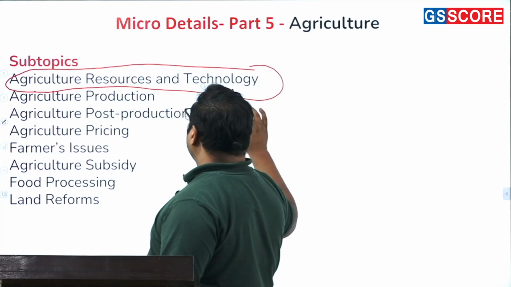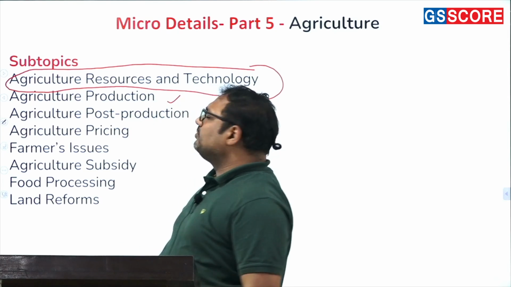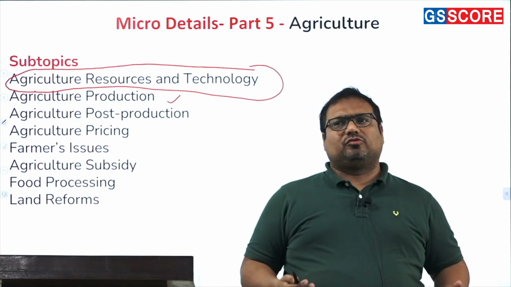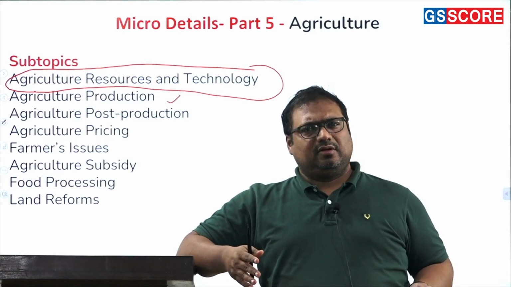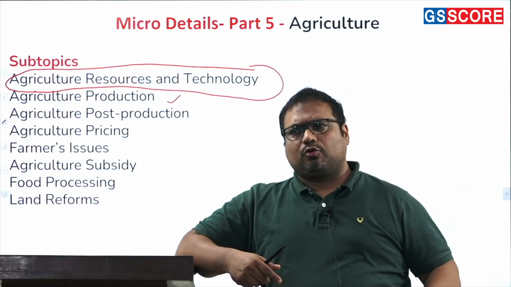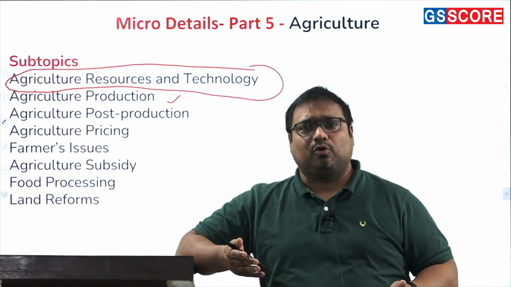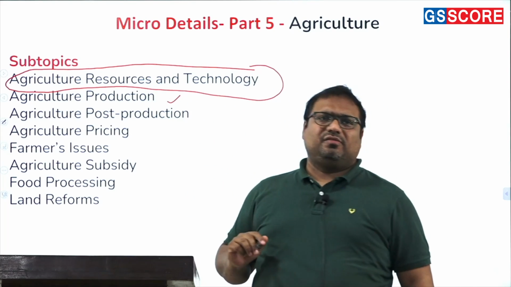Once you know the technology and resources, you will move to production. How do we produce crops and food in India? What is the pattern, what exactly we grow, what we do not grow, where we have shortages, where we have exportable surplus? And what are the issues in production itself?